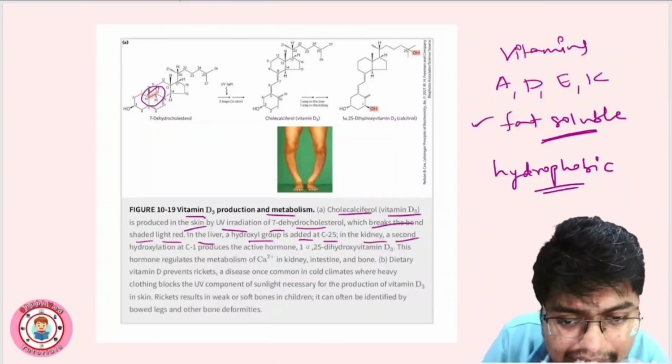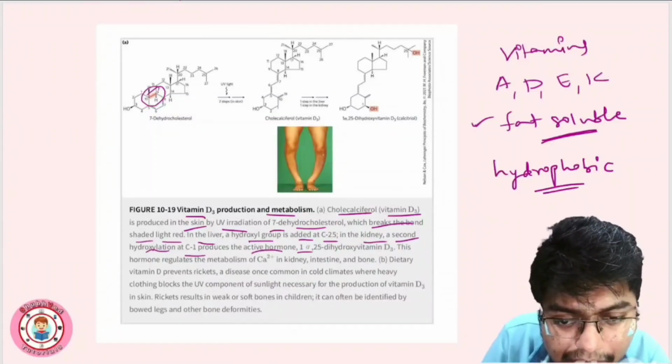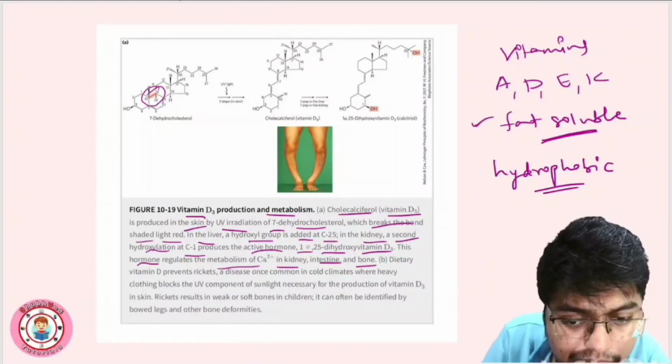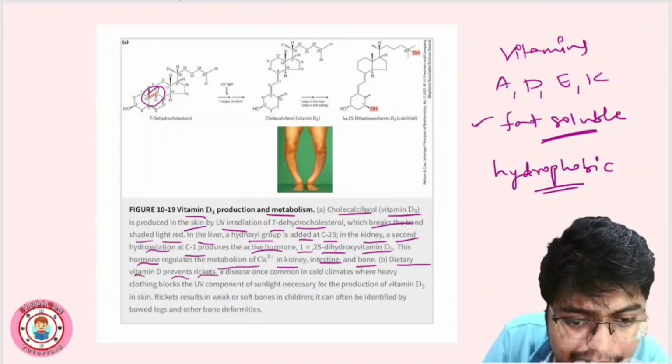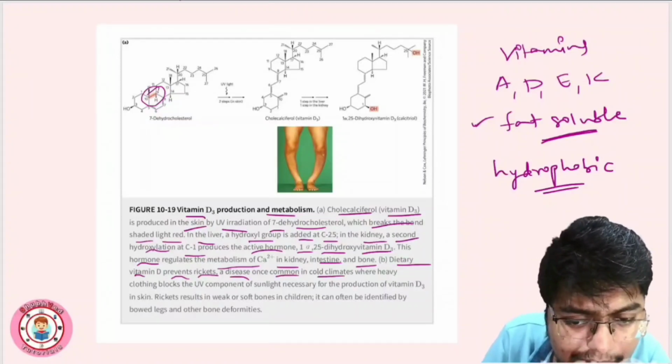In the kidney, a second hydroxylation at the C1 position produces the active hormone 1-alpha,25-dihydroxy vitamin D3. These hormones regulate the metabolism of calcium in kidney, intestine and bone. Dietary vitamin D prevents rickets, a disease once common in cold climates where heavy clothing blocks the UV component of sunlight necessary for the production of vitamin D3.